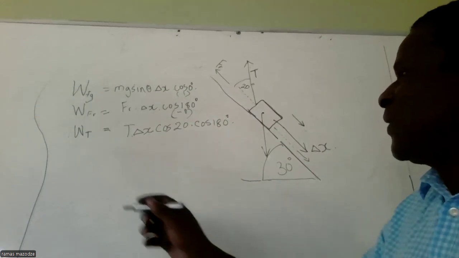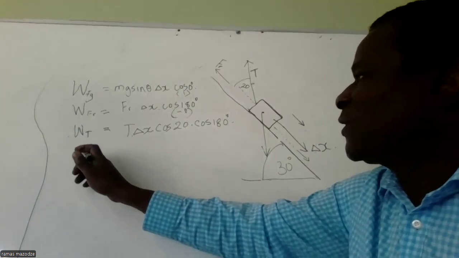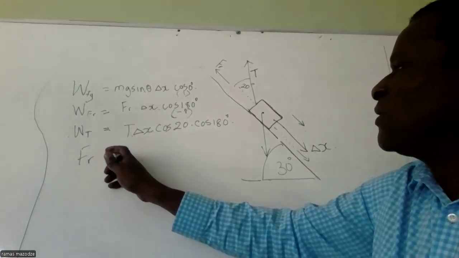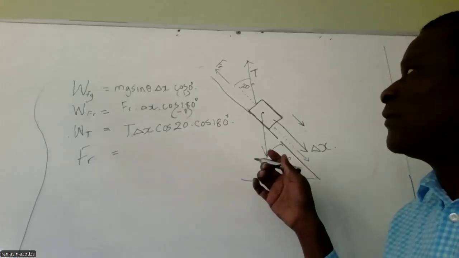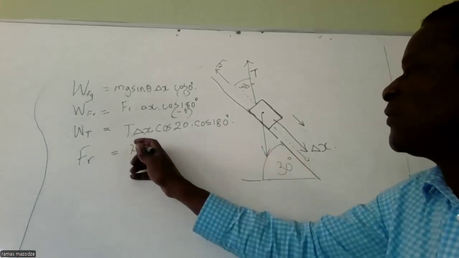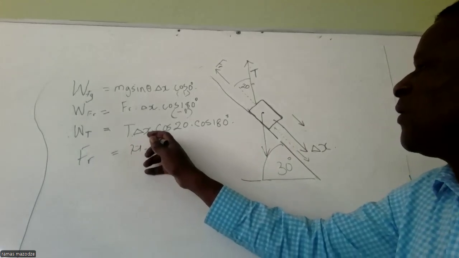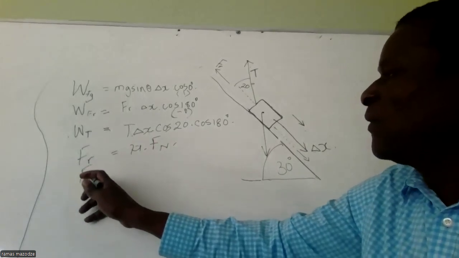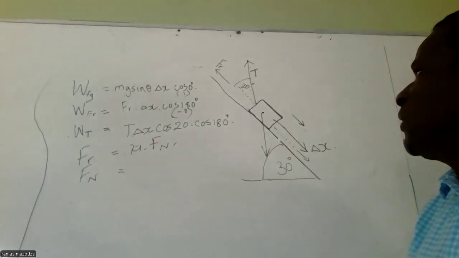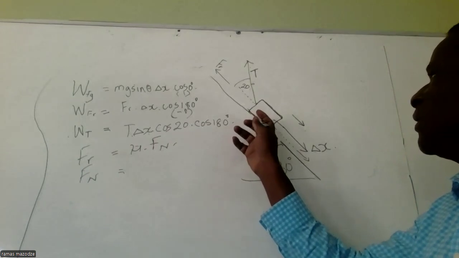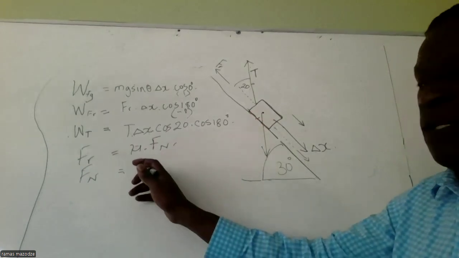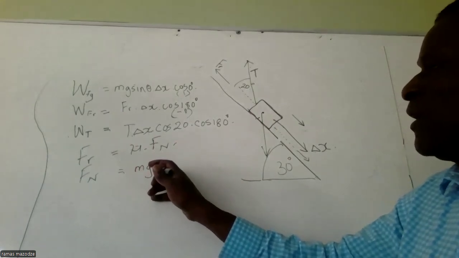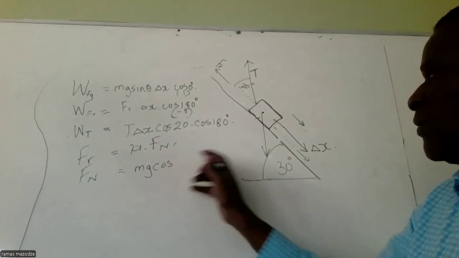You will be asked for the work done by the net force. Well, let's get an expression for the friction first. If you are given the coefficient of static or kinetic friction, then friction is the coefficient times the normal force. But the normal force itself in this situation would be mg, what is it? Yes, you're right, mg cos 30.